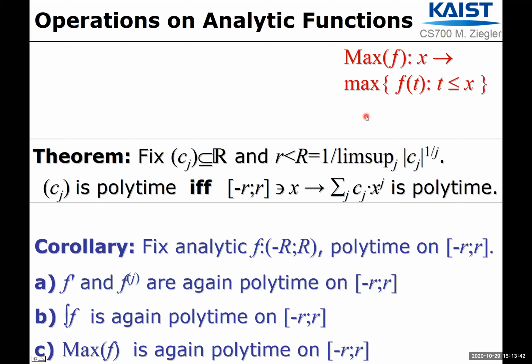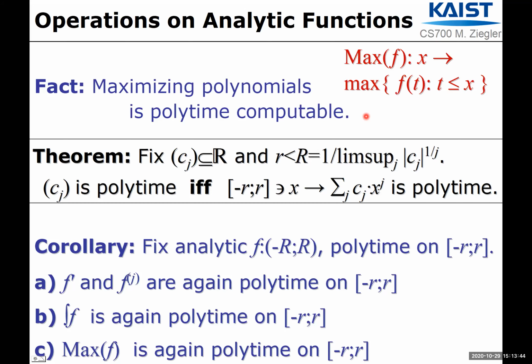And for polynomials, to be honest, this is a very deep property. It's not easy to prove that the maximum of a polynomial can be computed in polynomial time. The proof I have in mind for that uses Tarski's quantifier elimination, so it's pretty involved.